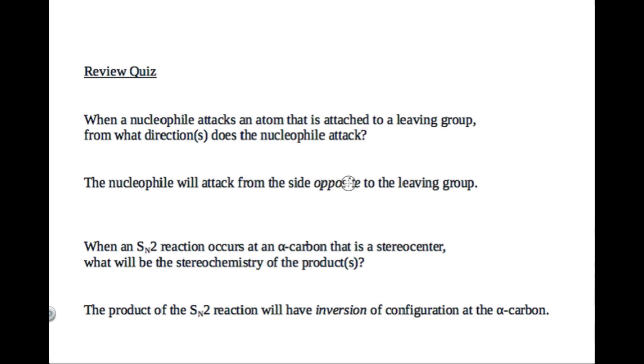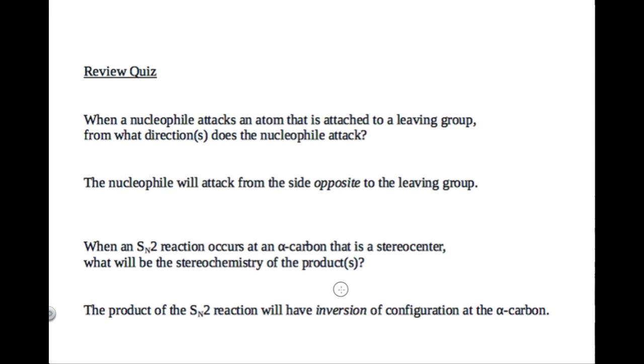Now remember, this fact is the explanation for this fact. Because the nucleophile is attacking from the side opposite to the leaving group, we've seen that causes inversion of configuration at the alpha carbon. And remember, it's important that there's only inversion at the alpha carbon.